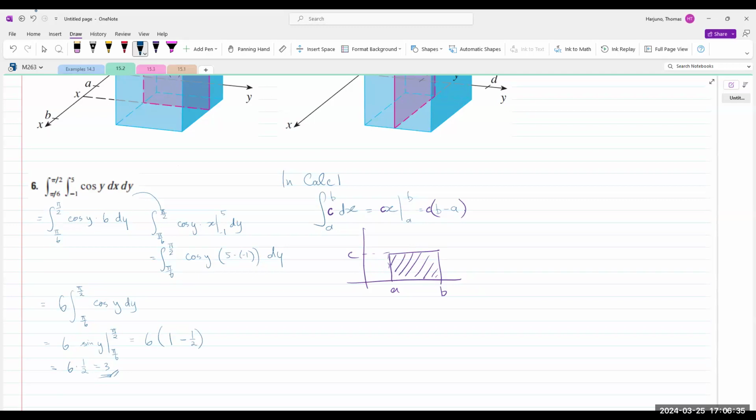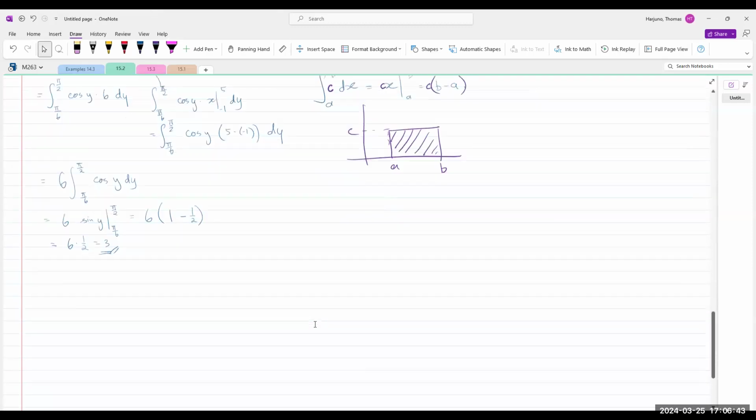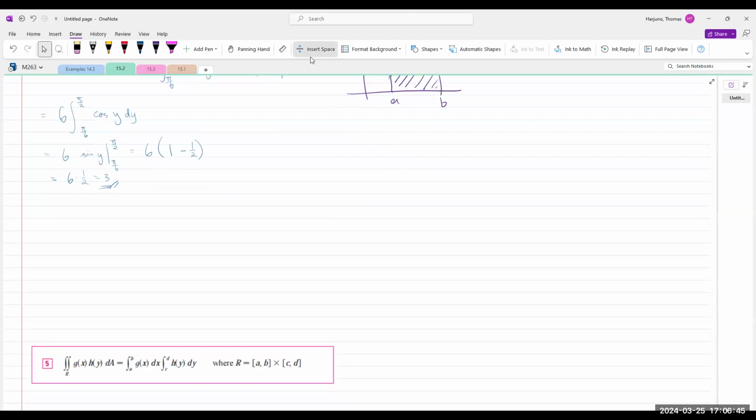Now we happen to touch base on one other important technique of integration. Unfortunately, this technique only applies if you have a rectangle. What technique is that?